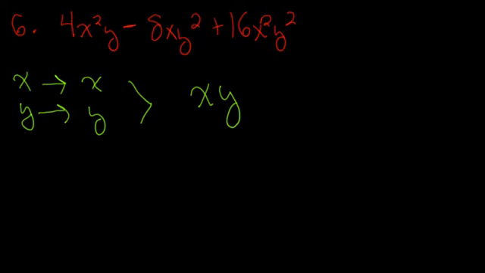Now, if we look at our numbers, we can use a trick. One of the things I like to do is, hey, I know 4 multiplied by 2 gives me 8. So a common factor between these two numbers is 4. And I know 4 times 4 is 16. So, hey, they all have a 4.